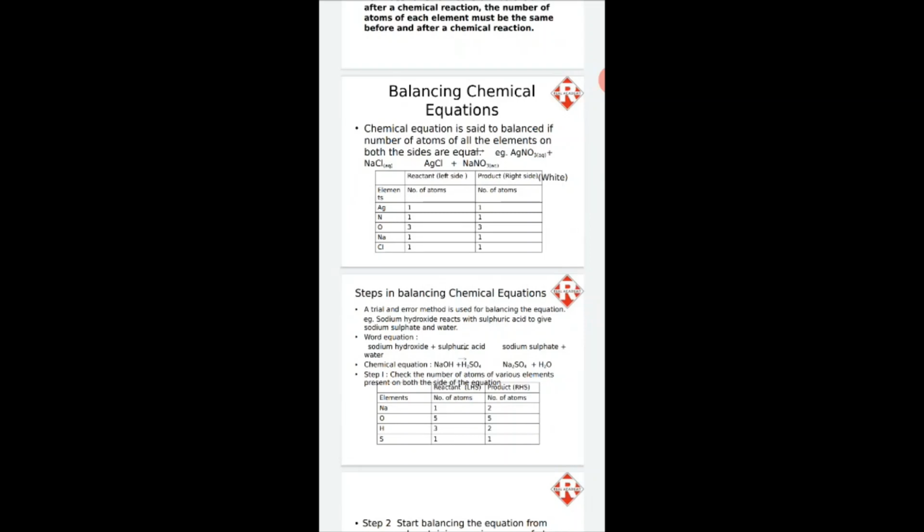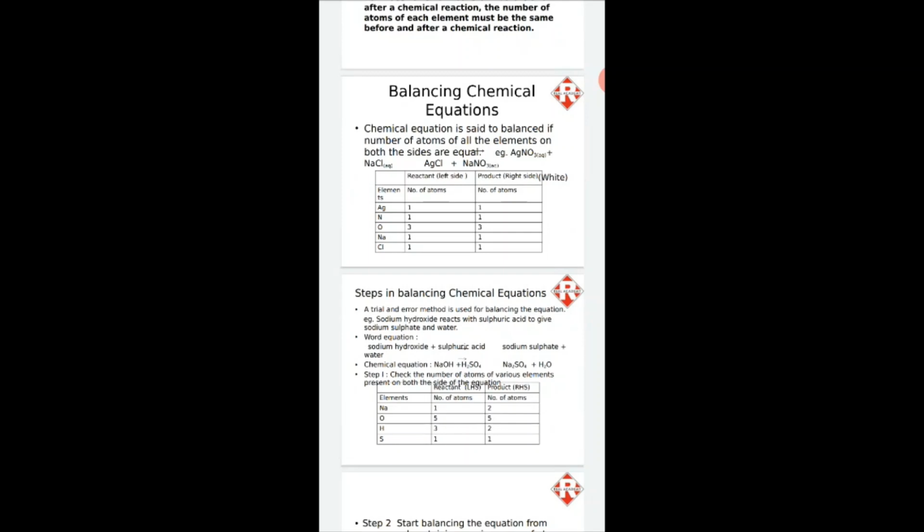So silver, Ag: reactant has 1, product also contains 1 atom. Nitrogen: reactant side, means left side, 1, right side also 1. Oxygen: 3 on the LHS and the RHS also has 3.